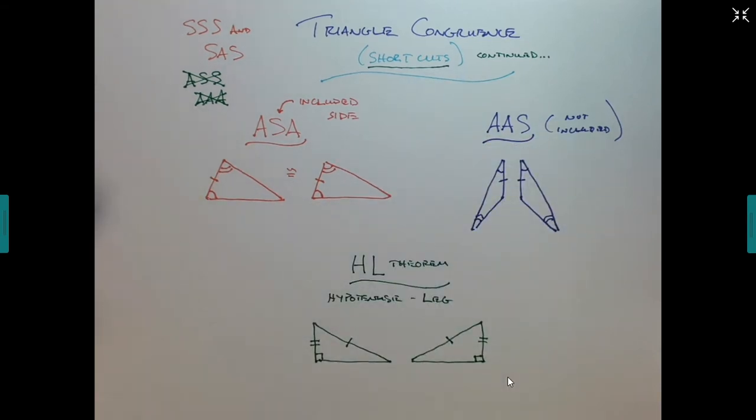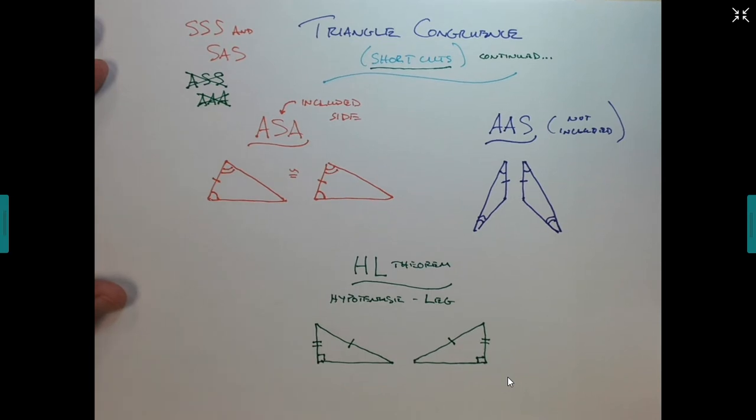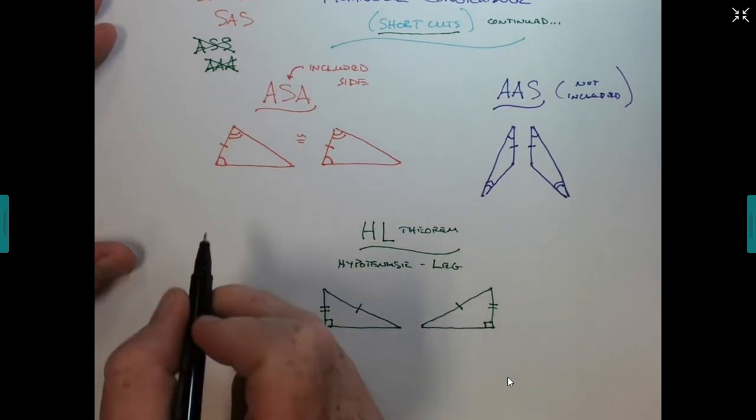Otherwise, we have to go through the whole gamut and find 3 pairs of congruent sides and 3 pairs of congruent angles, which is hard to do. And just realize, on your test, you'll be provided with the options.